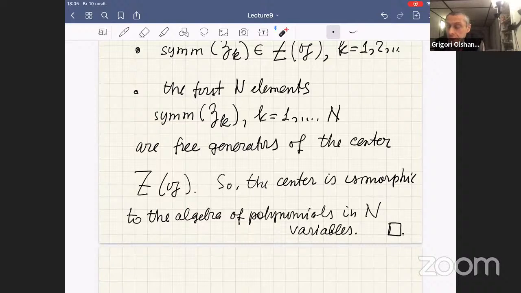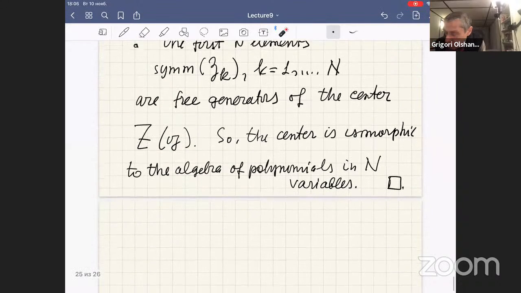And this enables us to prove that the invariants on the left and on the right are the same, and this gives us the possibility to extract a non-trivial result about the center.